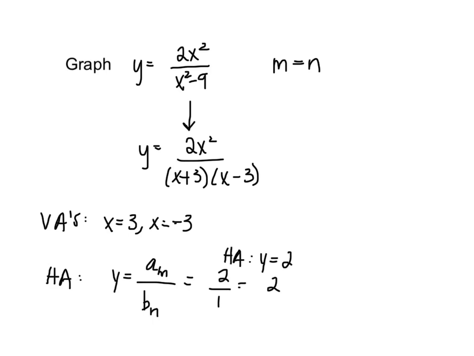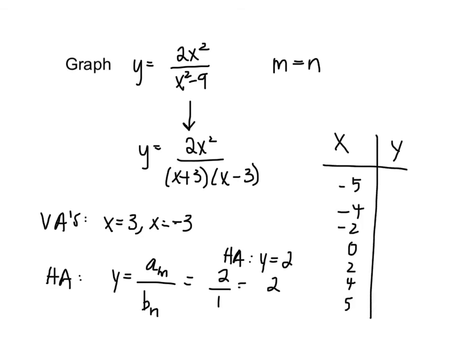Now we're going to plug in points to the left, between, and right of our asymptotes. So we have negative 5 and negative 4 to the left of x equals negative 3, negative 2 and 2 in between, and 4 and 5 to the right. So we plug these into our equation and we get our y values.